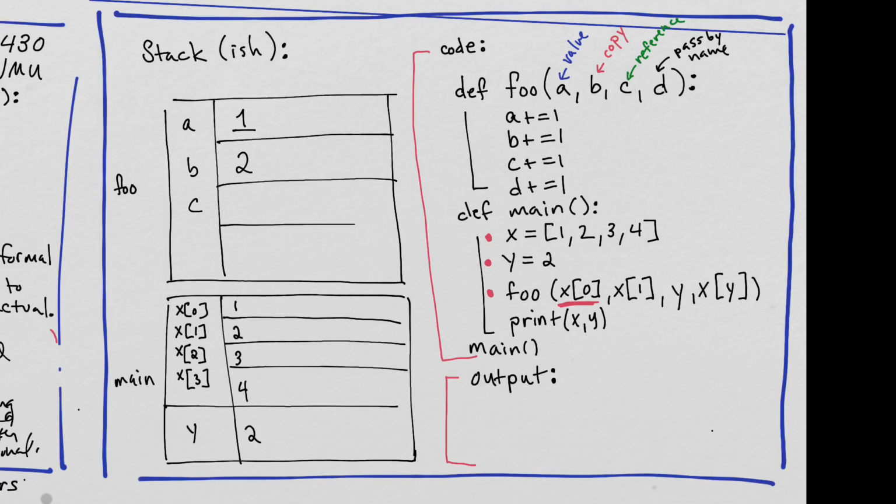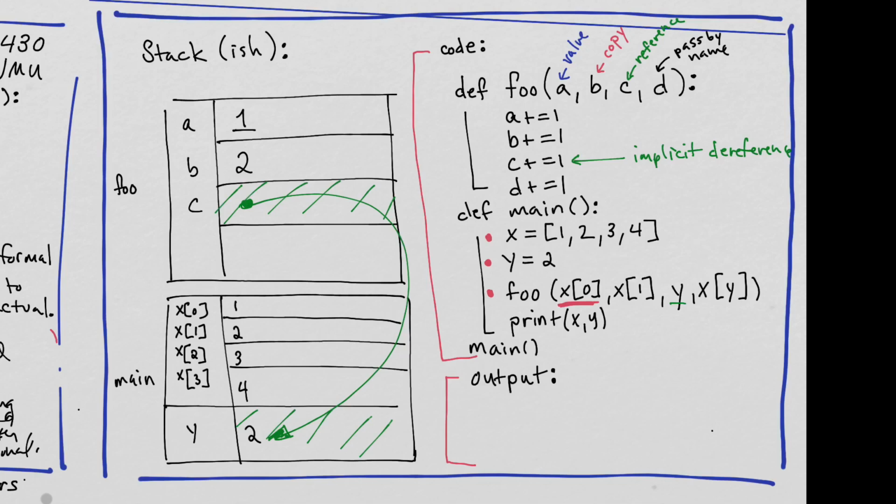C is passed by reference. So this is actually a reference, and maybe we'll draw it with a green arrow here. A reference to the actual parameter y. And so this is really a reference to this value where it is in memory. And so when I execute this line of code, there's an implicit dereference, just like there is with the reference type. And so this is really not accessing C's memory location, but the memory location that C is referring to, which is y.